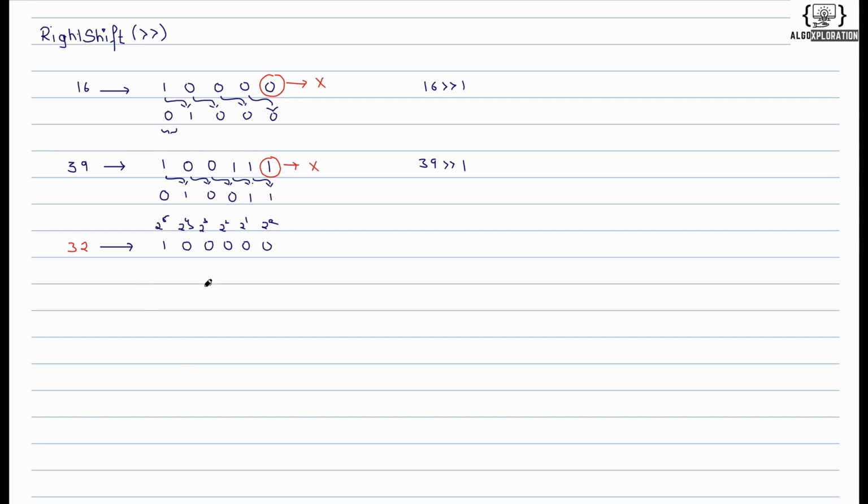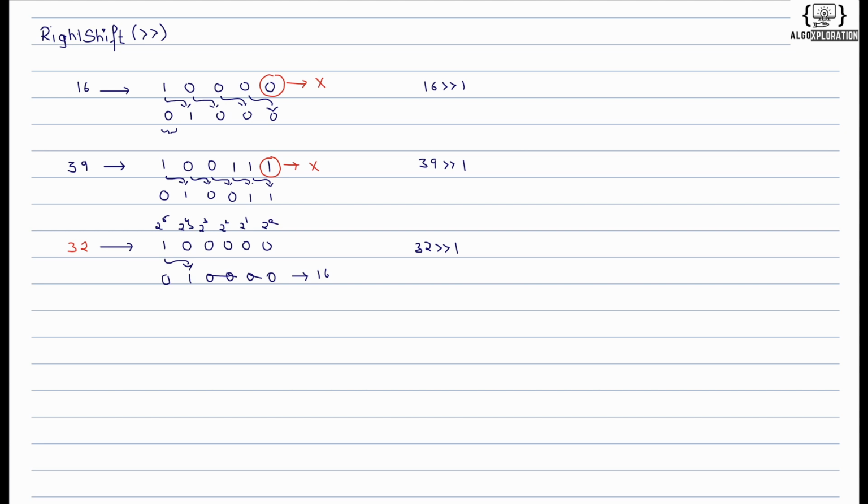Now if I do 32 right shift 1, don't you think this 1 will simply come here, and all the other 0s will be shifted to the right as well? So 0 0 0 0, and here will be 0, right? So what will be the value of this? It will be simply 16.